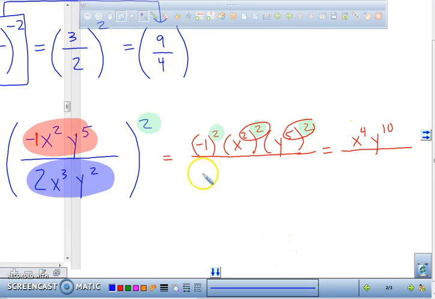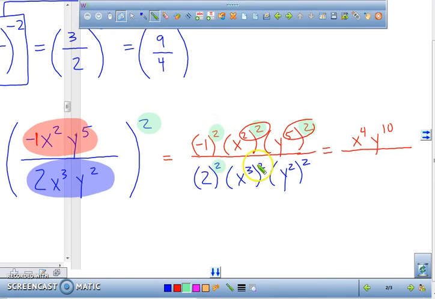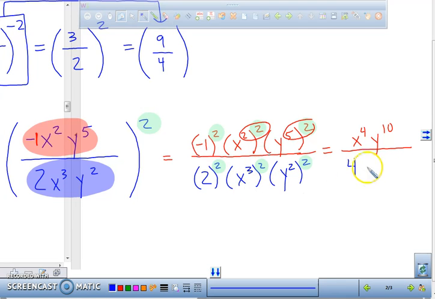In the denominator, we have a 2. What's happening to 2? It's being squared. What's happening to x cubed? It's being squared. And finally, y squared is also being squared. Hopefully you guys see the pattern. Every single number inside of this parentheses is being squared. 2 squared is 4. This becomes what, everybody?